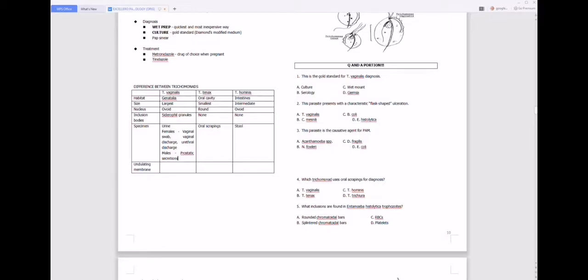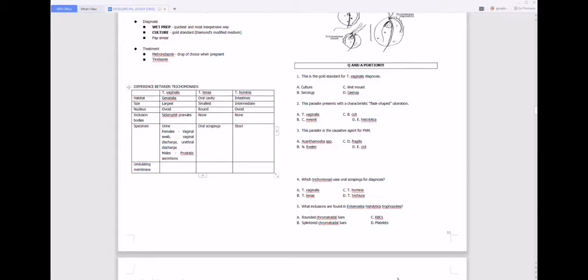So it is very helpful to know where they infect for us to know the other characteristics of the trichomonads. Next is undulating membrane.